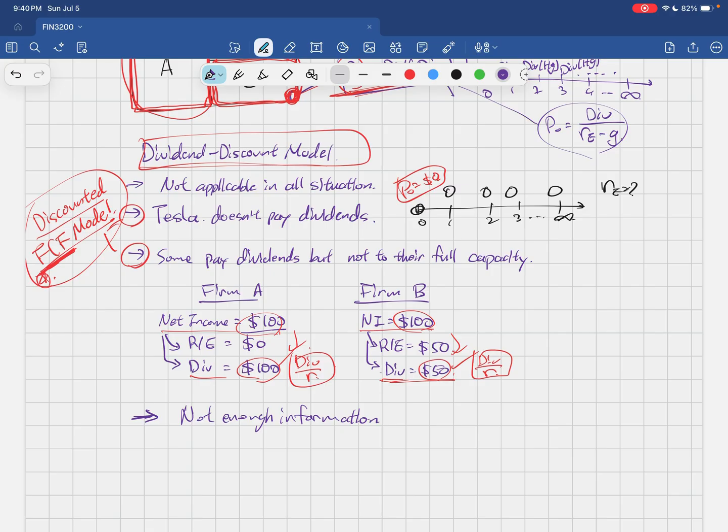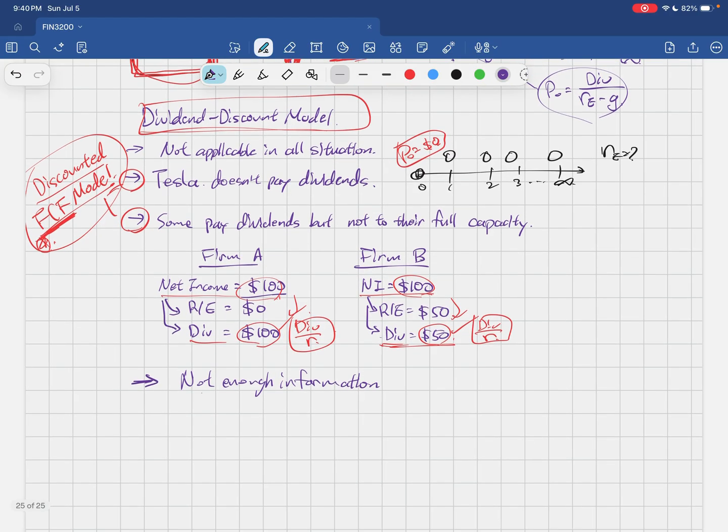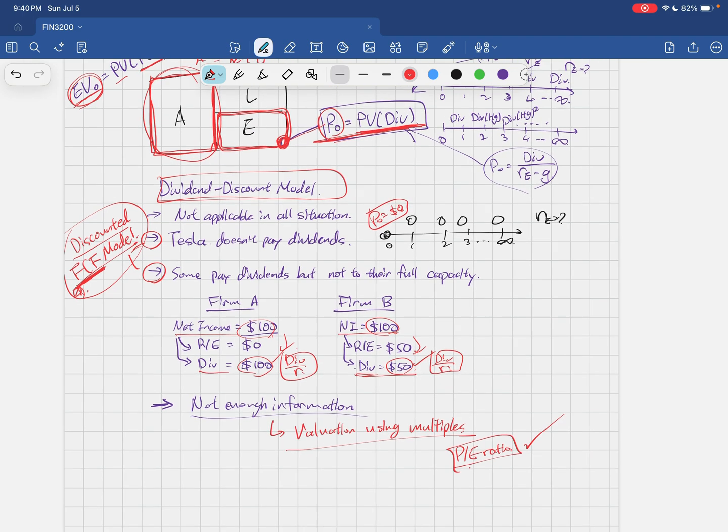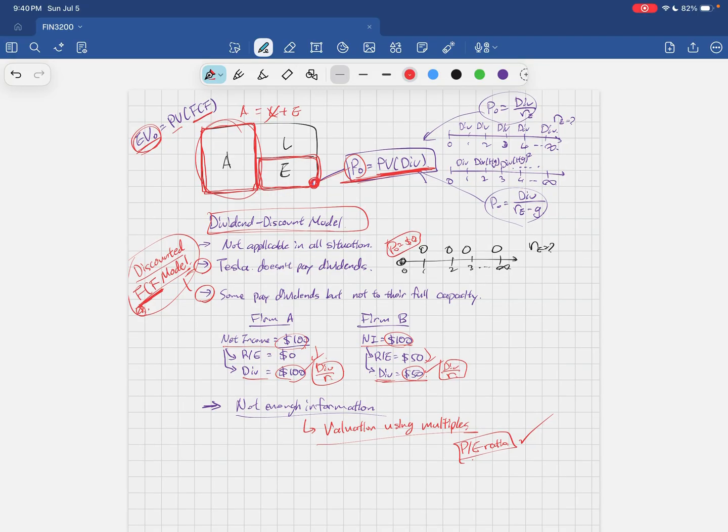In which case, we're going to try to estimate the value of equity by using the third method, valuation using multiples. We're going to do the PE ratio method, and this is real easy.